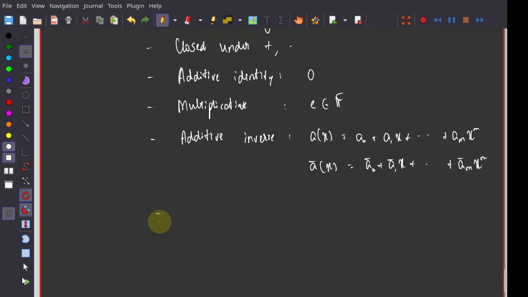What else? Associativity. Both addition and multiplication are associative. Anything else?